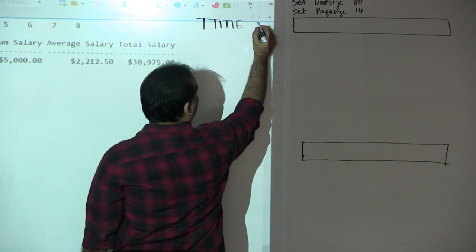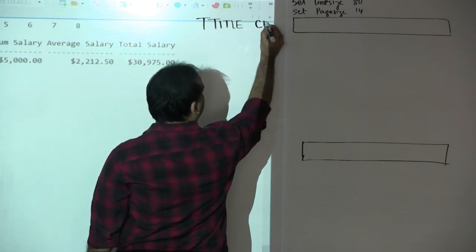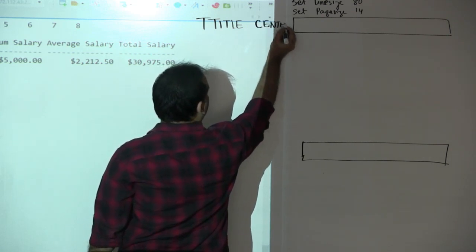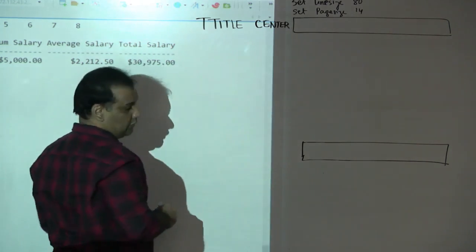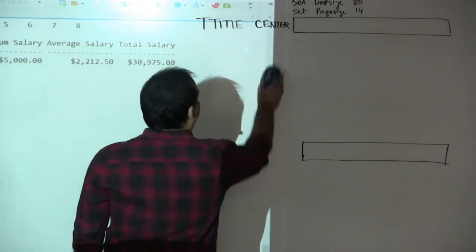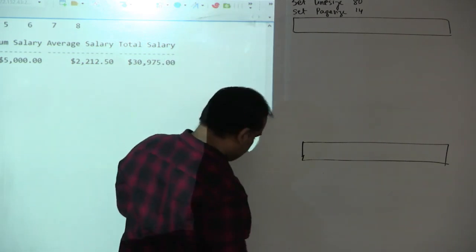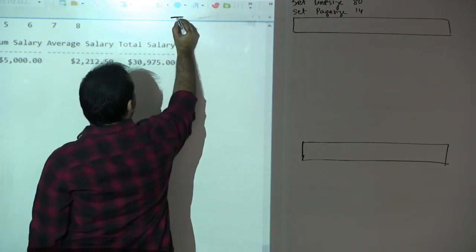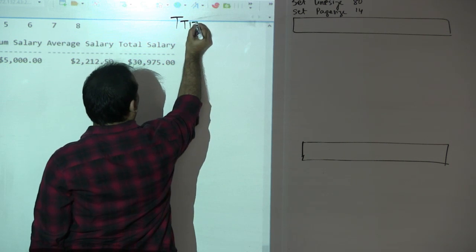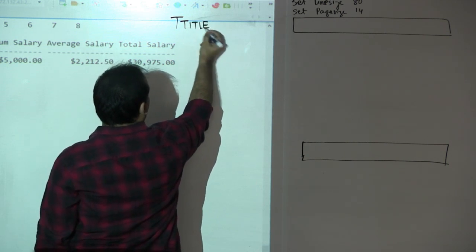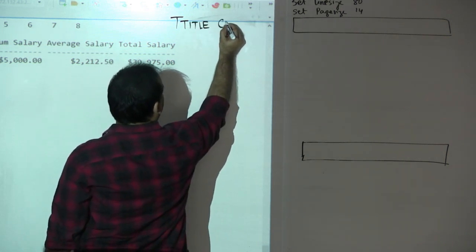And then, let's say if we want to put that in the center, we use center. So for the top title, we use T title, and then we will say center.